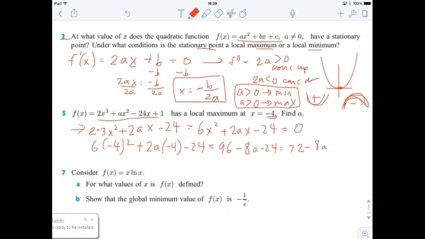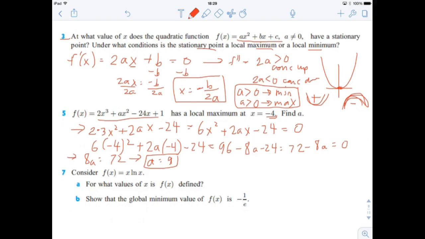And so now we want to know, when does that equal 0? So it's going to be 8a equals 72. So when a is equal to 9, then we have a critical point.